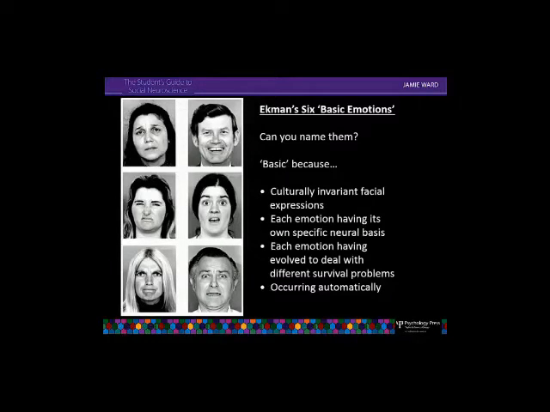That each emotion has evolved to deal with different survival mechanisms. So the reason why you've got fear is quite different from the reason why you've got disgust. They've been shaped by different pressures over time that have shaped different circuits to meet different kinds of demands. And that's why you wouldn't necessarily have an emotional soup that kicks out all of these different things. And also that they occur automatically.